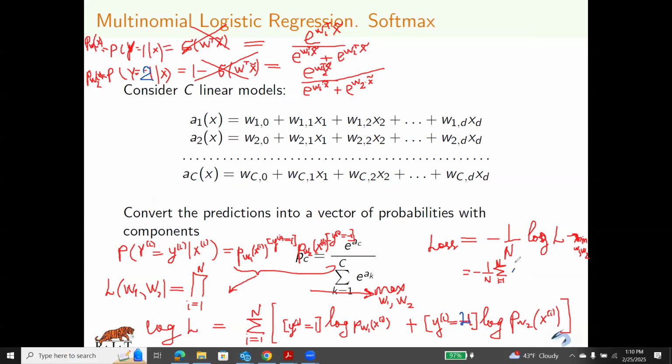Then here I can write the log of P with index W, and index of W will be my label with index yi of x I.